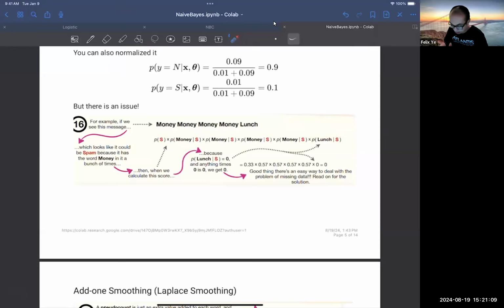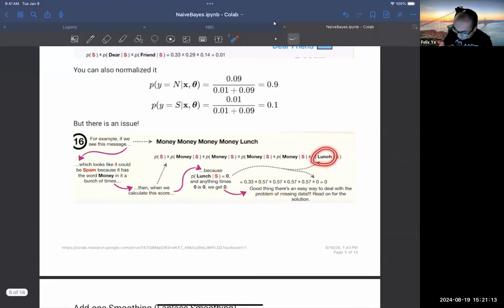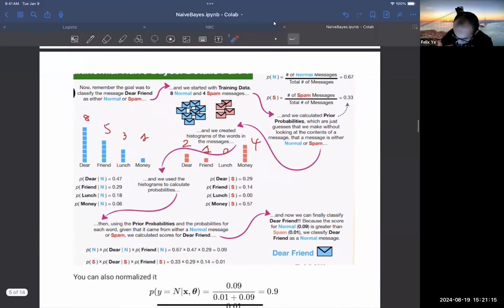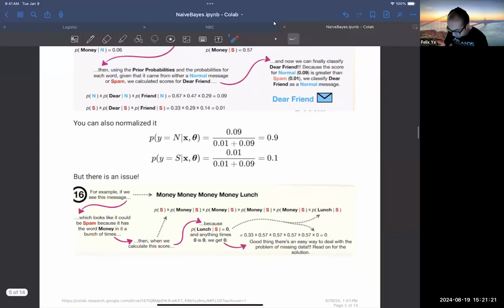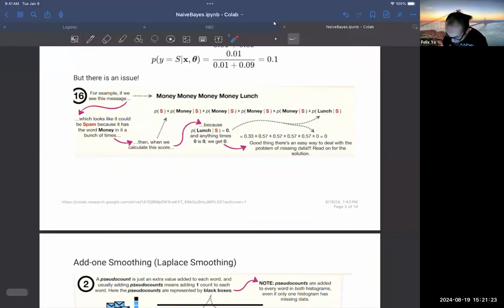The root cause of this problem is that we have missing data for lunch right here. We don't have any data for lunch in the spam messages. There's a very simple way to solve this problem for missing data.